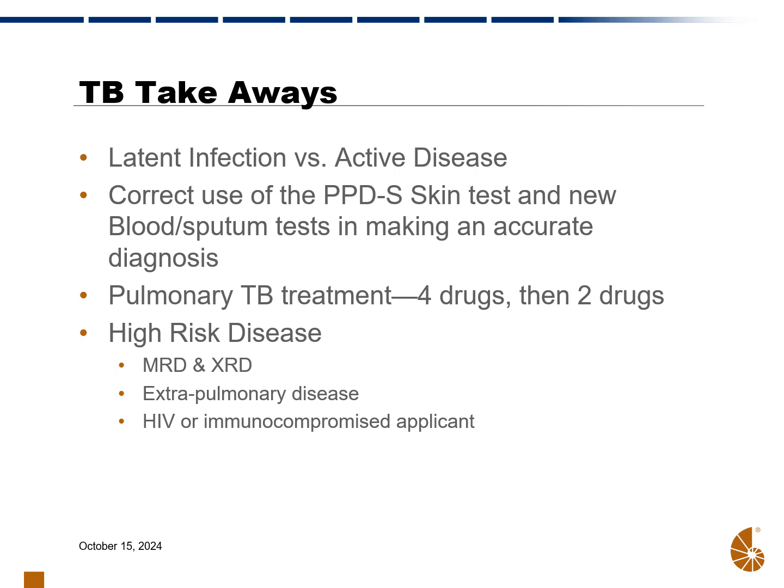We talked about pulmonary TB treatment with 4 drugs, then possibly 2 drugs, depending on what the type of TB is and if it might be drug resistant. And then we talked about high-risk diseases, things like disease that goes outside of the lung, so extrapulmonary disease, or disease in an HIV or immunocompromised applicant.